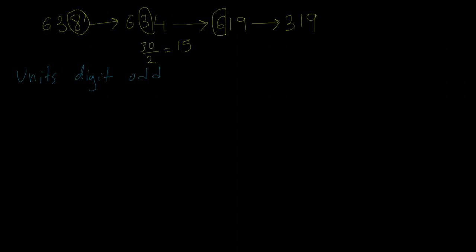So let's consider the example of having the number 125. Now let's start with 5. And 5 is an odd number, right? And half of 5 is 2.5, right? So how do you write 2.5 here?